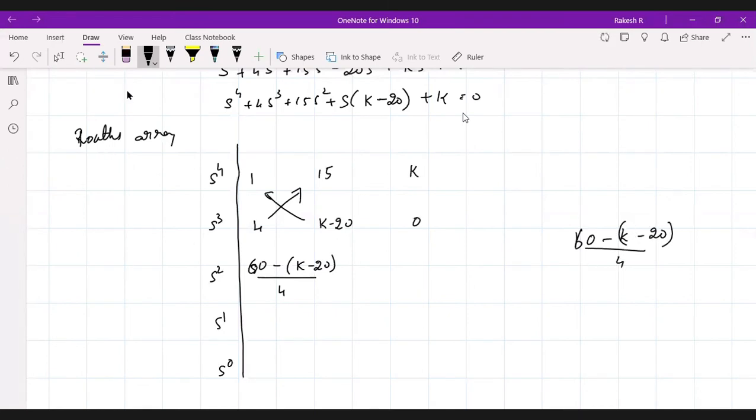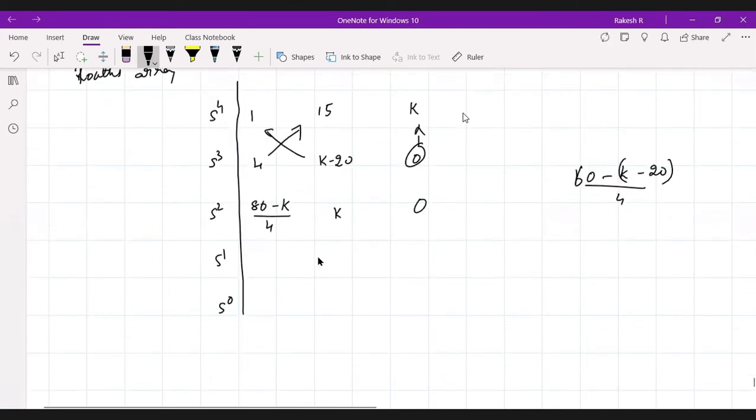How much is this one? Just calculate. It is 80 minus k divided by 4. So this value will be (80 minus k) divided by 4. Then this value will be k directly, because it is just the value above it.